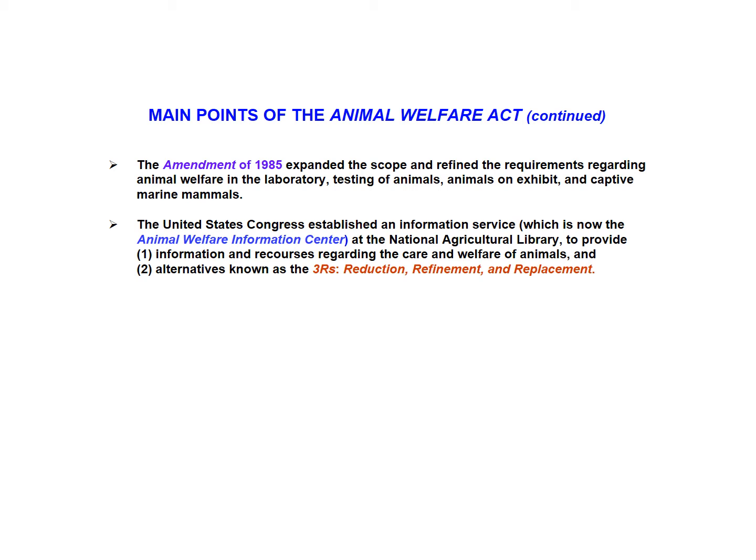Specifically, aiming at reducing the number of animals which are used for tests, even when the purpose is biomedical research, refining the techniques and the appropriate test, and last but not least, developing novel and creative ways to replace the use of animals. And of course, one of those more recent developments was the use of culture cell models.